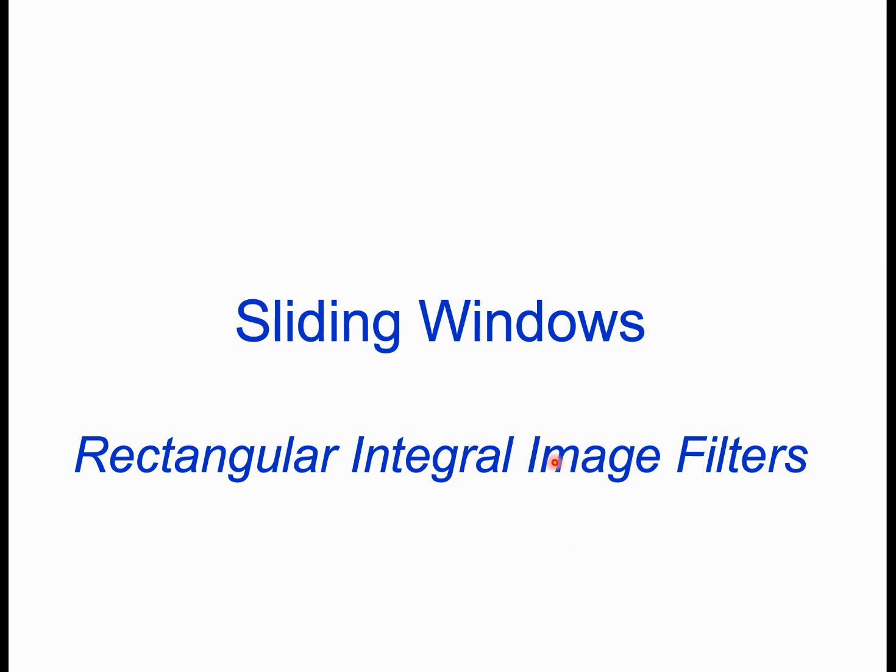Now, another way to use sliding windows is to use another set of features that are even simpler than the histogram of gradient orientation. When you think about it, the histogram of gradient orientation assumes a certain pattern in the image. So it's a little bit handcrafted. It puts a lot of emphasis on a certain type of feature.